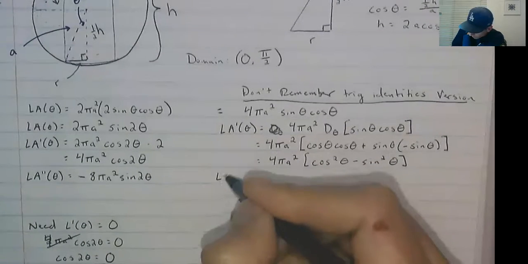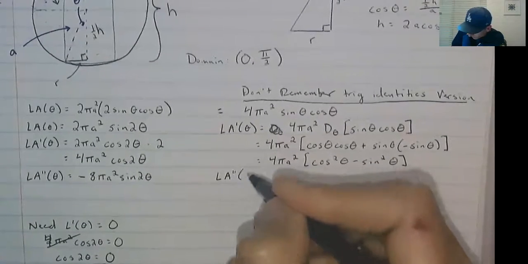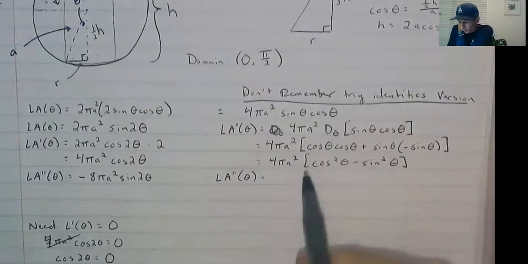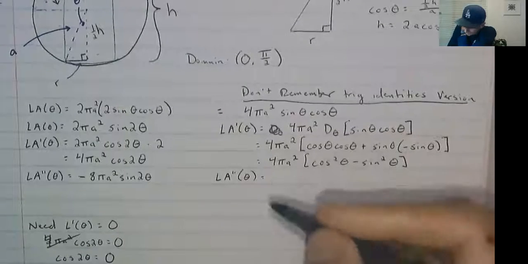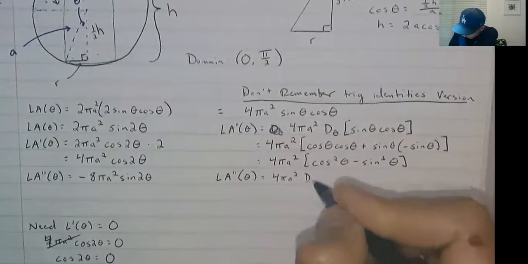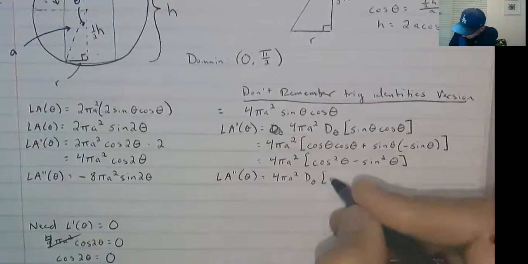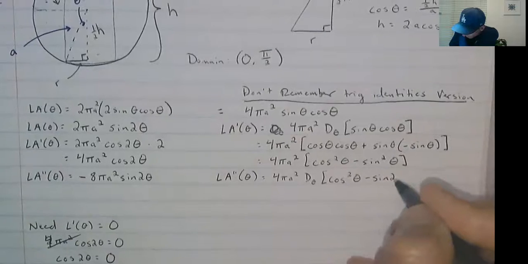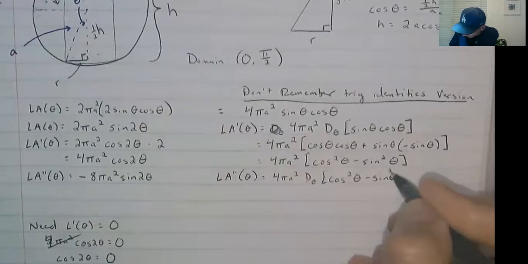Finding the second derivative here, we'll do the same thing. We'll just differentiate this guy. So 4 pi a squared, derivative with respect to theta of cosine squared theta minus sine squared theta.